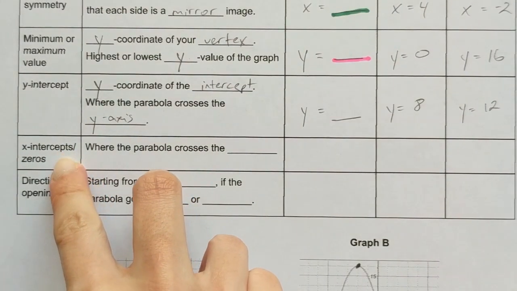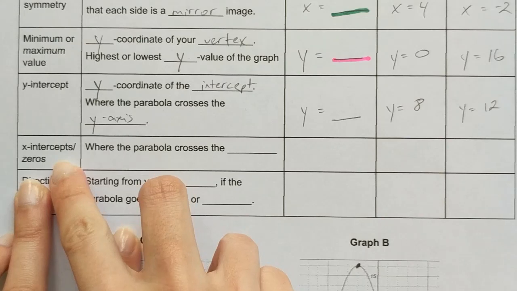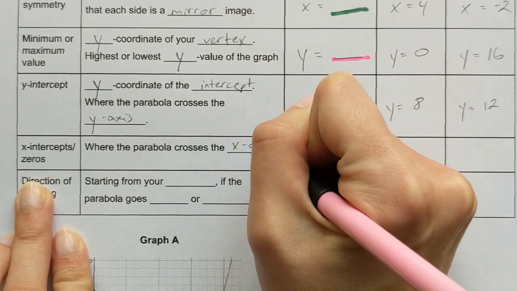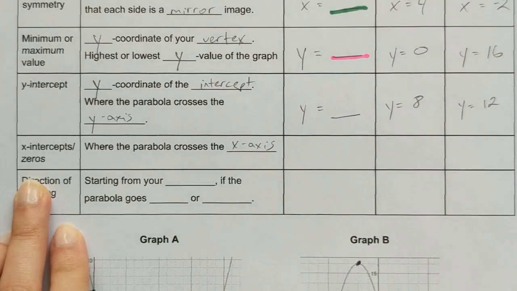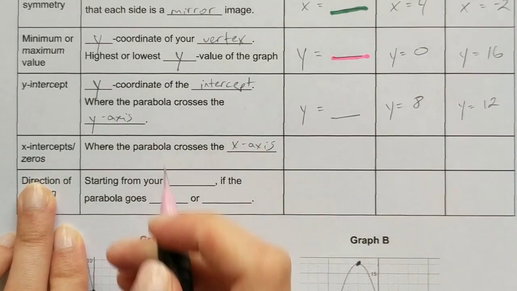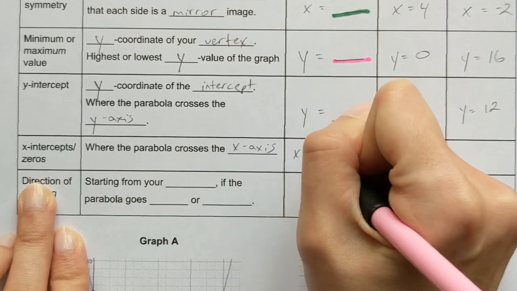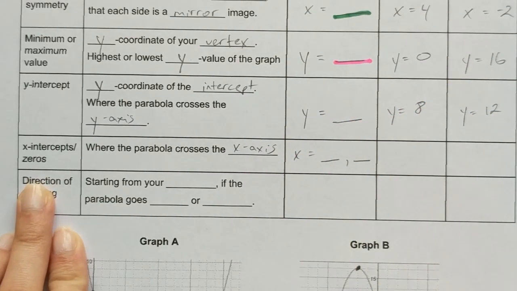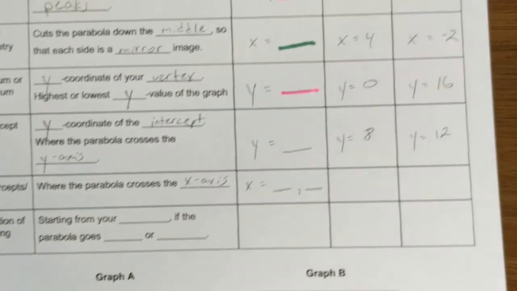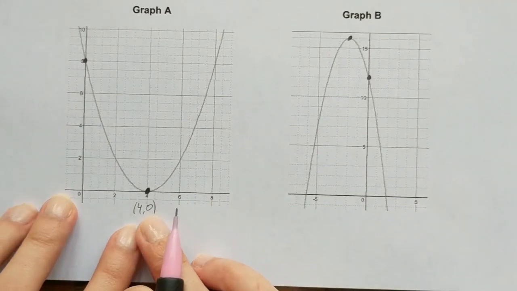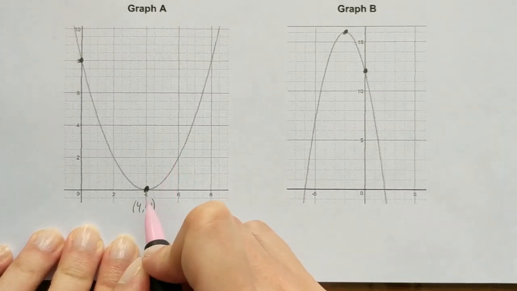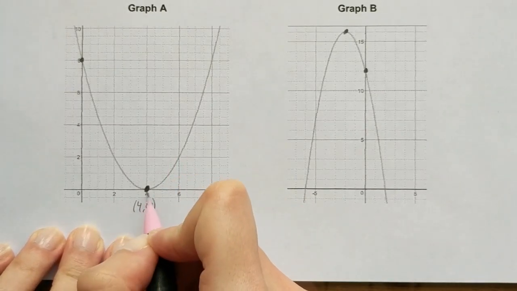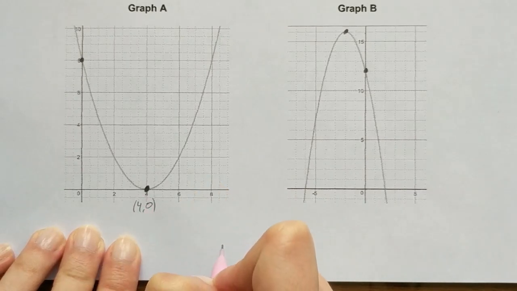Finally, we're going to look at our x-intercepts and our zeros. That is where the parabola crosses the x-axis. We're going to write this as x is equal to blank, comma, blank. Here, our graph only touches the x-axis once. It touches it at the point 4.